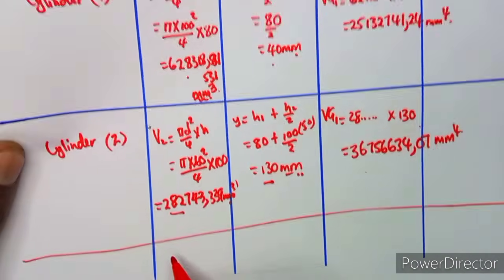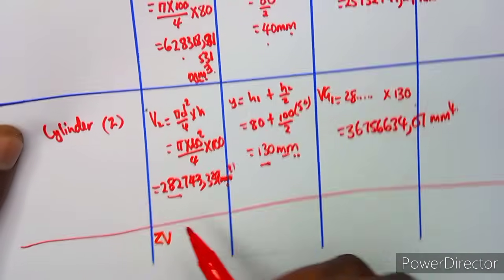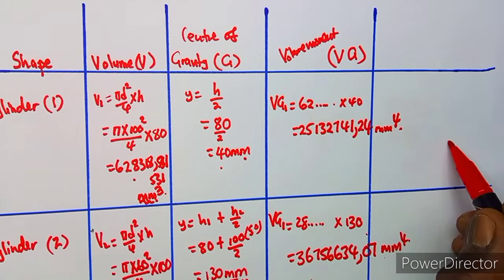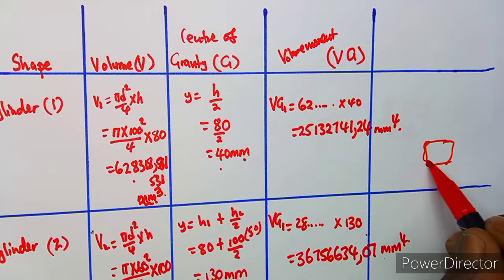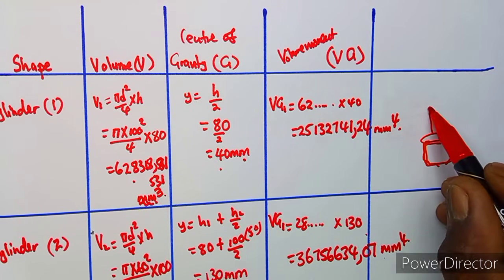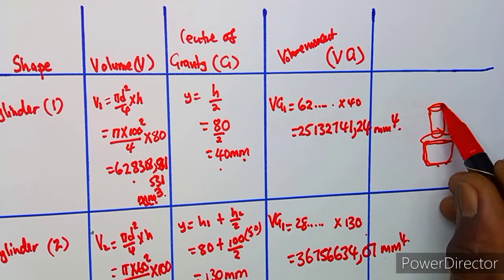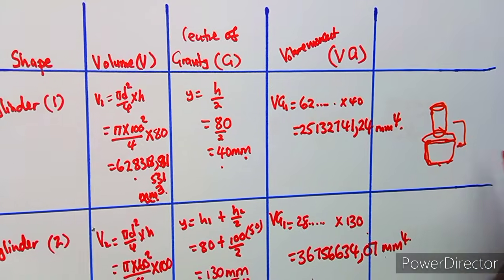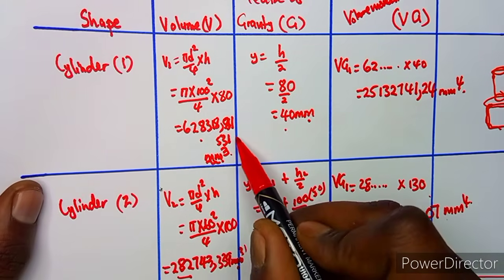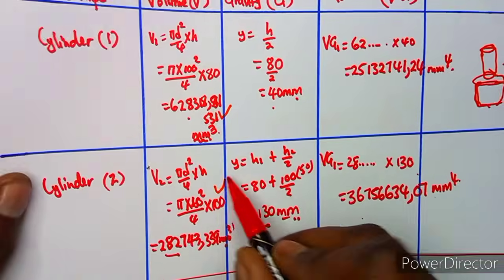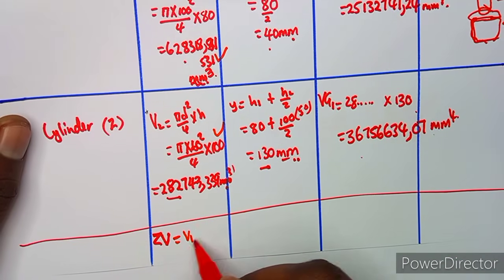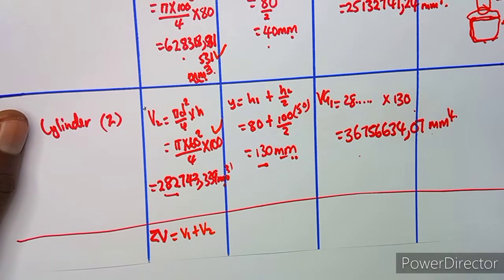For the total volume, you add, because this one is on top. You've got a cylinder, then another cylinder placed on top. So you add V1 and V2.